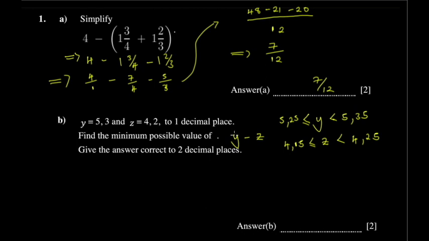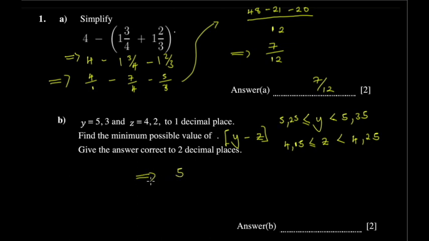So y is positive. If you want to make this function here a minimum function, it means the minimum value, you have to choose y which is less. Why? Because for positive numbers, the lesser the magnitude of the number, the lesser the number. Okay, so we'd actually choose 5.25.